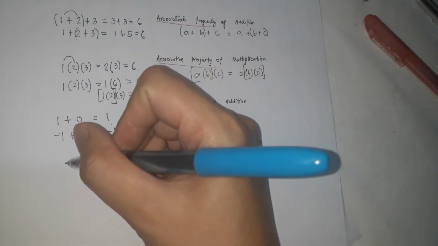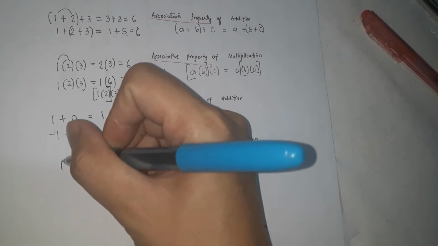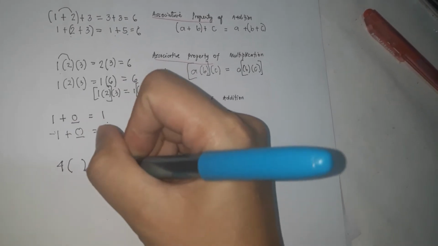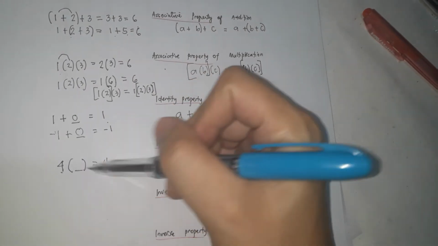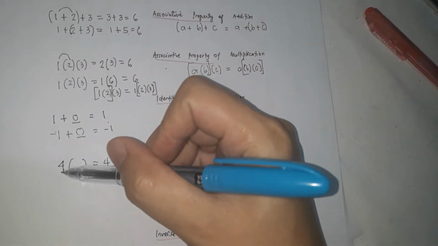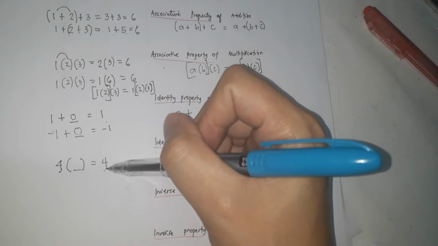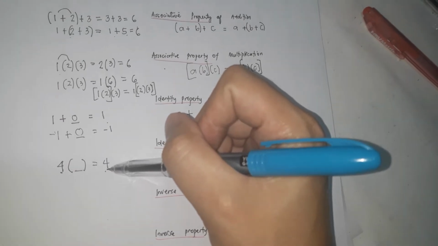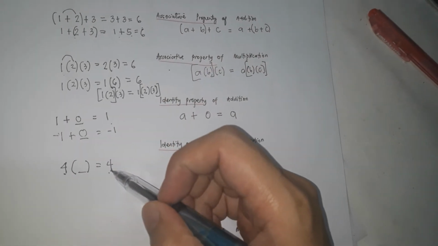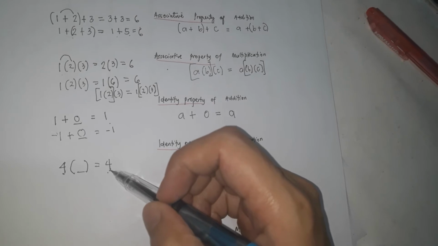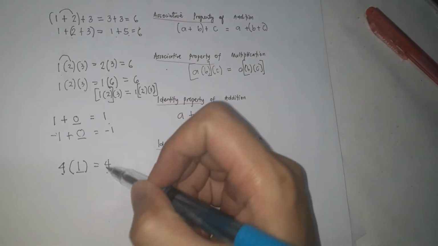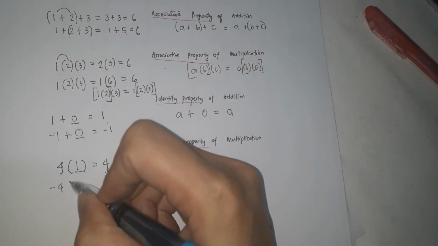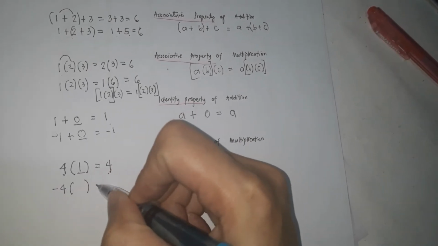Next, let's have 4 times blank is equal to 4. It's identity because we have the same number: we have 4 and we have also the product as 4. What number are we going to multiply to 4 so that the answer would be 4? Yes, it's 1. So 4 times 1 is equal to 4. It's the same with negative 4.